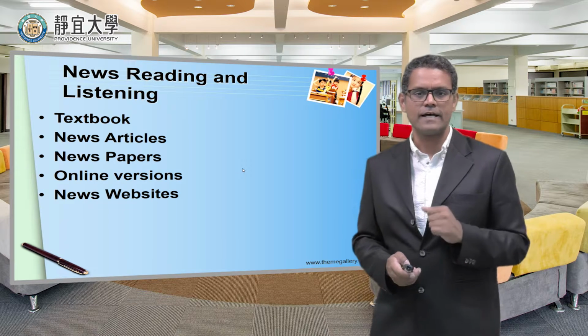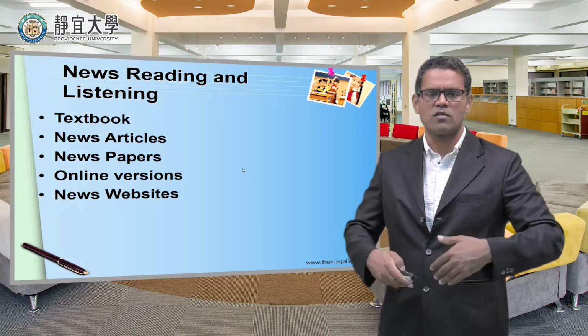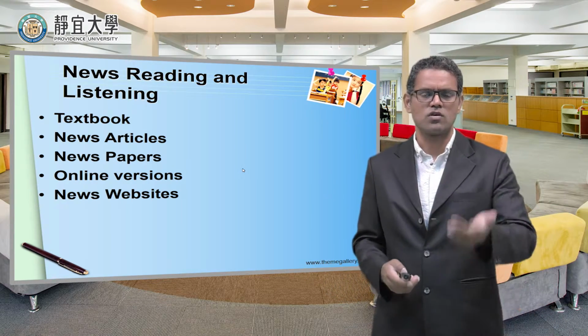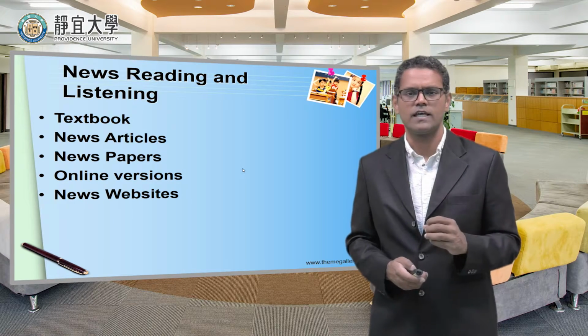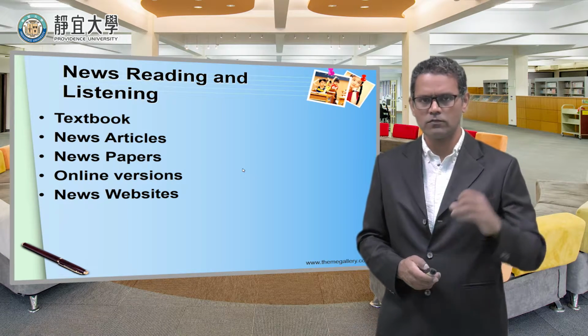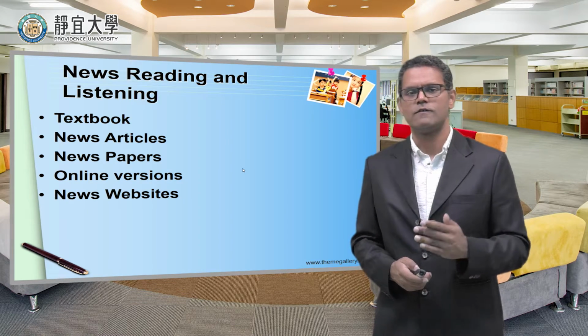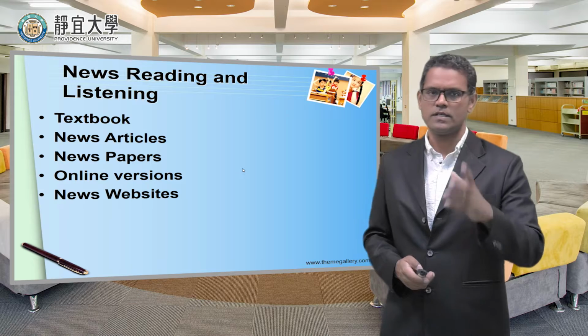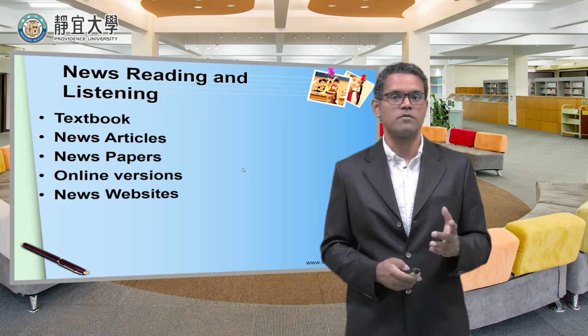And news articles. As I mentioned, there are hundreds of news articles, so I would choose some from the internet. We will read those articles, discuss, and learn vocabulary. So, internet news articles.